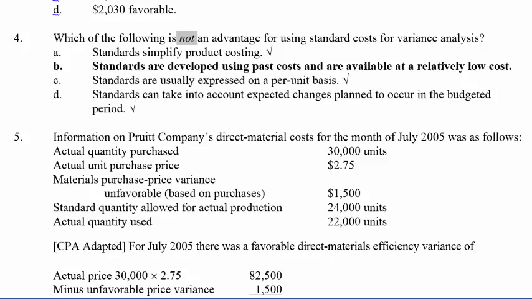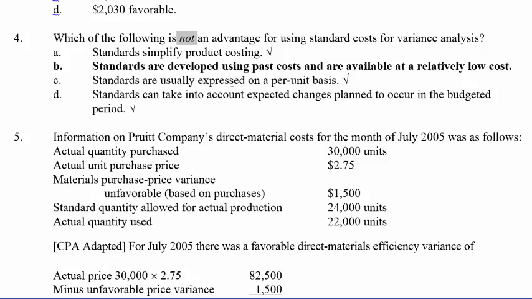And then standards are usually expressed on a per unit basis, just like what we saw just a moment ago. We can actually calculate the indirect labor per unit and the indirect labor hourly rate, multiply those together to give us a cost on a per unit basis for indirect labor.